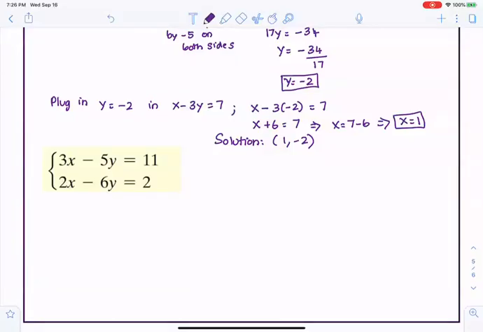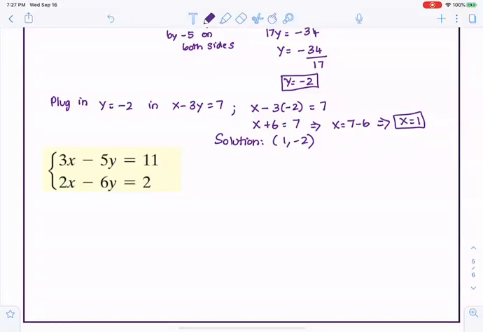Okay, so we have 3x minus 5y equals 11 and 2x minus 6y equals 2. To reiterate, it doesn't matter which variable we try to eliminate, but we always try to pick one that is easy to work with. I think eliminating x would be easier in this problem.